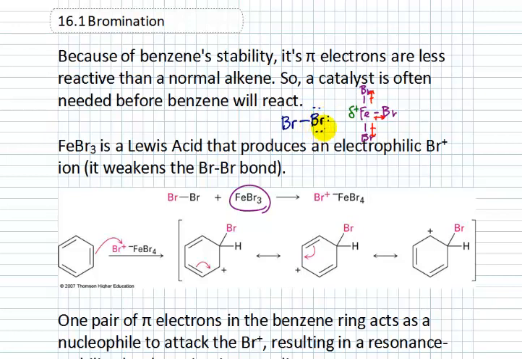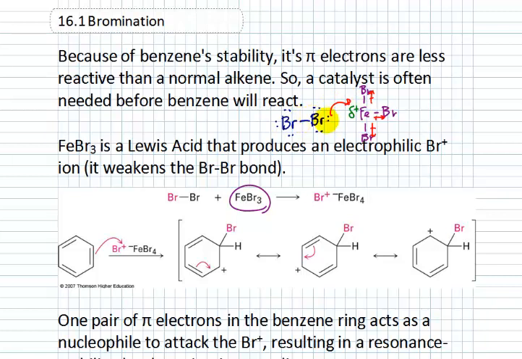some of the electrons on one of those bromines, some of these lone pairs, get attracted towards that partial positive charge. And what we end up with is a transition state where we're halfway forming a new bond between bromine and iron and simultaneously breaking the bromine-bromine bond.